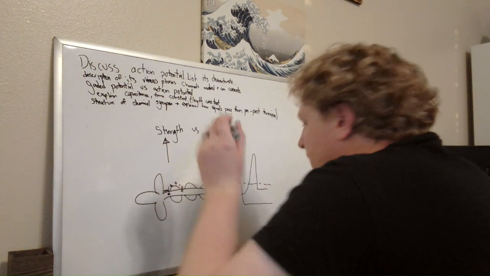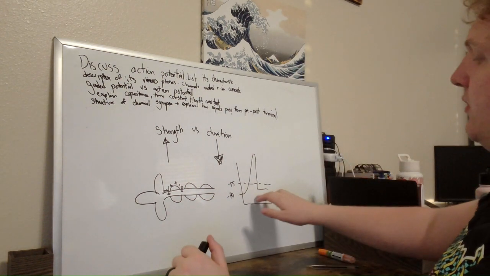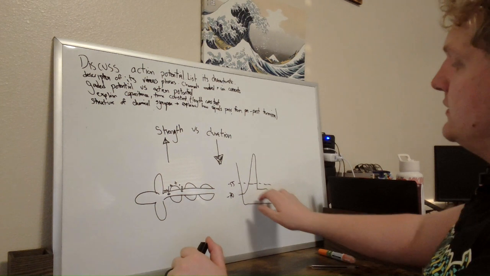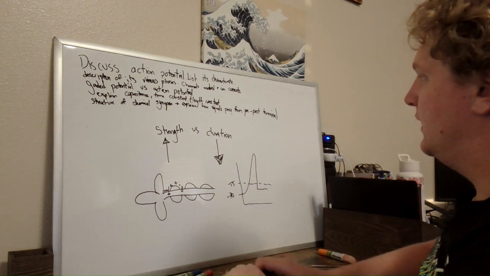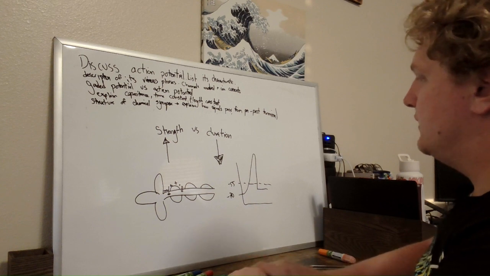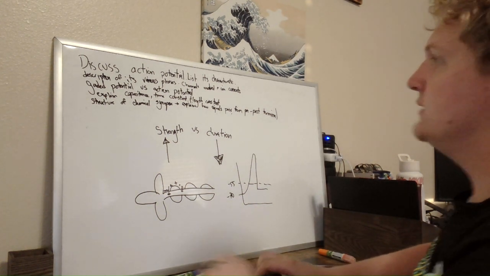Then the potassium will enter back in the cell and that hyperpolarizes deeply because we have so much potassium leaving the cell. Myelin makes our neurons a lot more effective and able to pass on quicker signals.